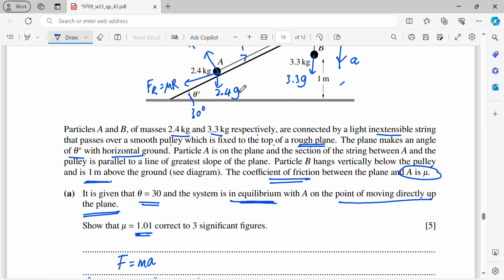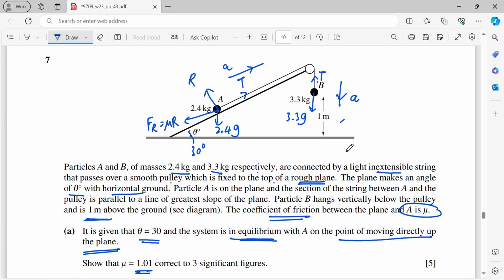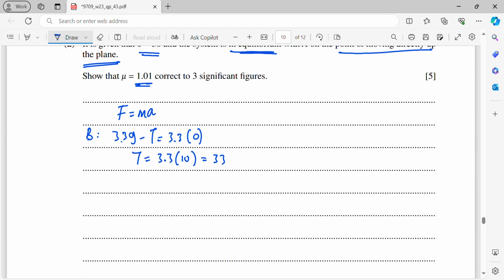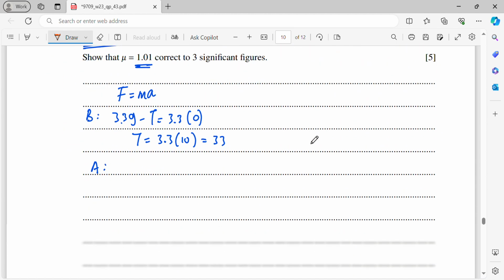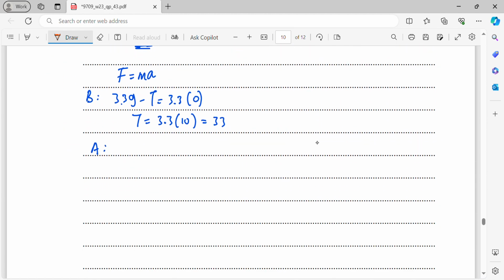Now at A, look at A. So for A, you have T, you have the mu R, and you have the weight. I will say for A, since it's moving up, the upwards force will be T. But for the downwards force, you have to resolve the weight, which is 2.4 G, together with the Fr. Now I need to get my R first.